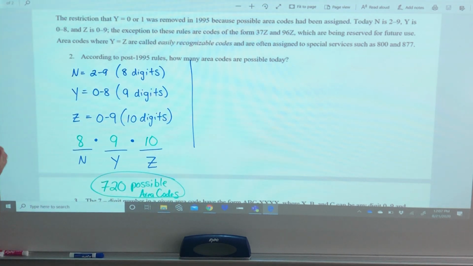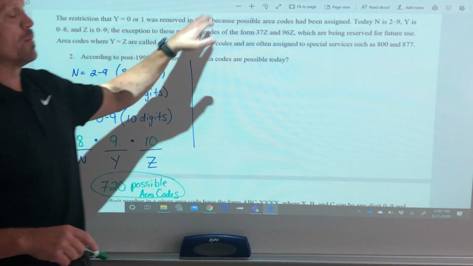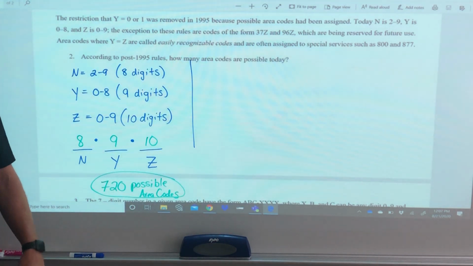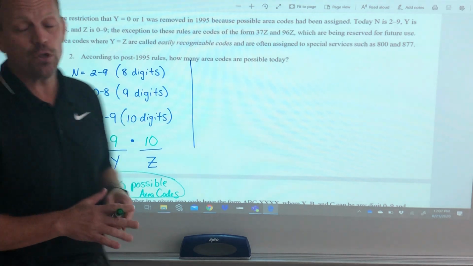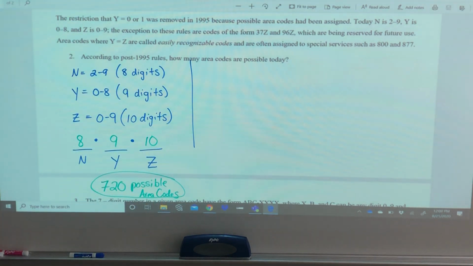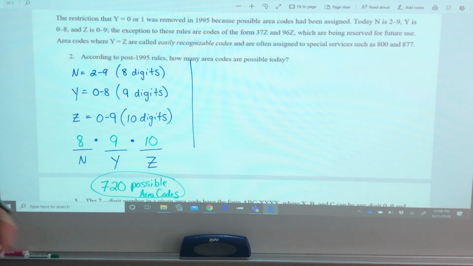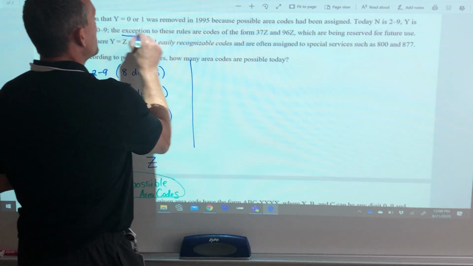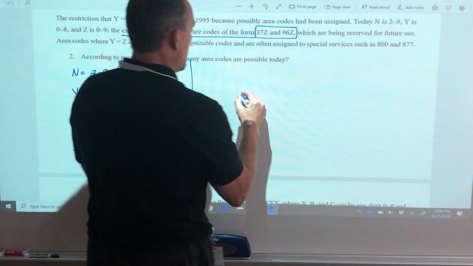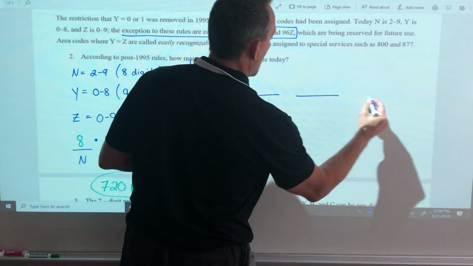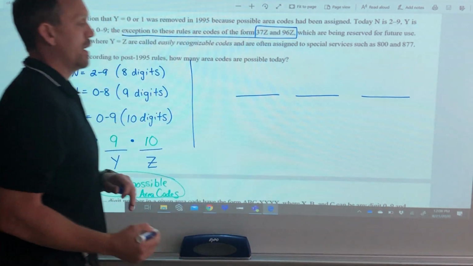However, if we go back, we have some restrictions. What are those restrictions? So these are total possible. However, there's a few that we cannot use. So we need to take those out, if you will.